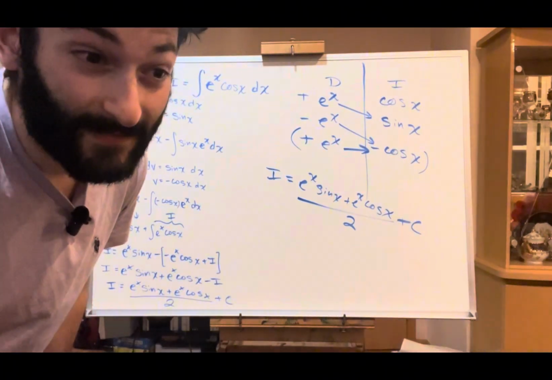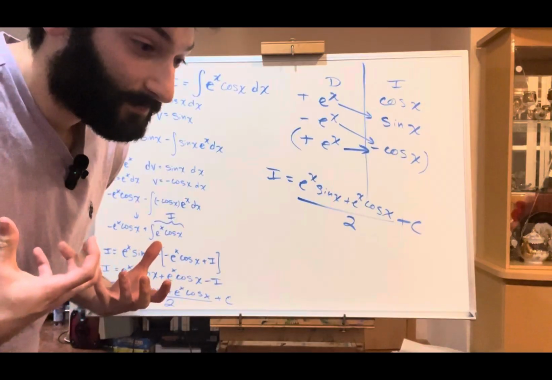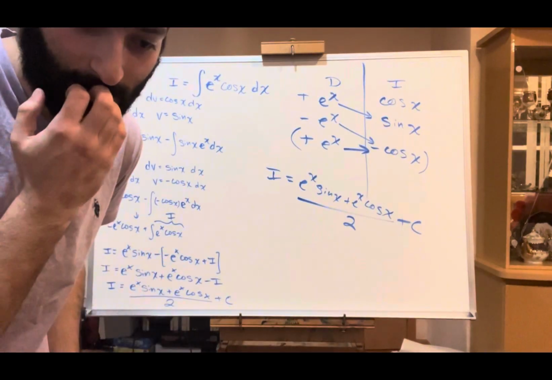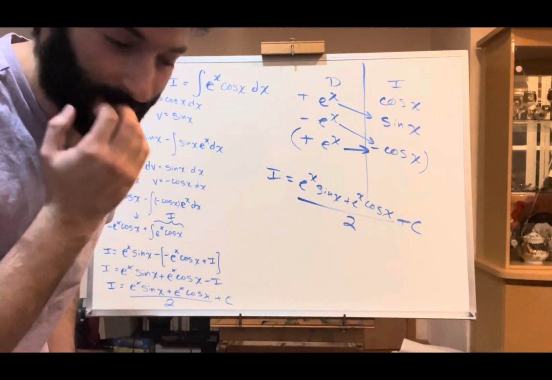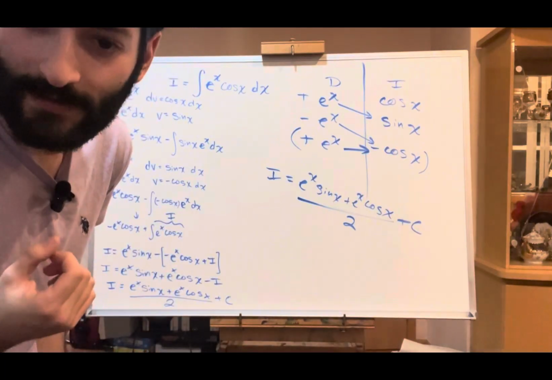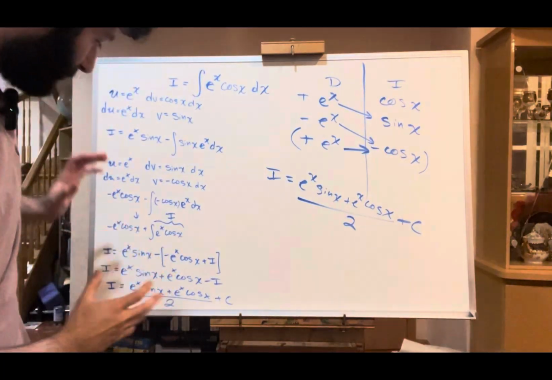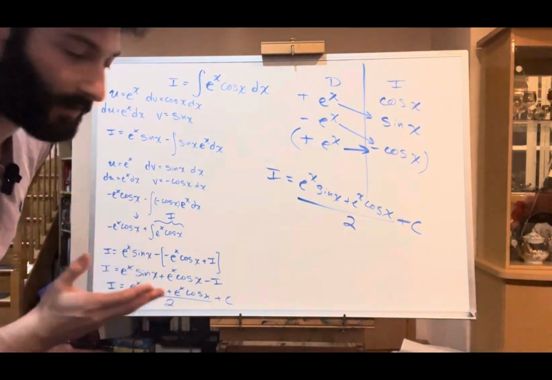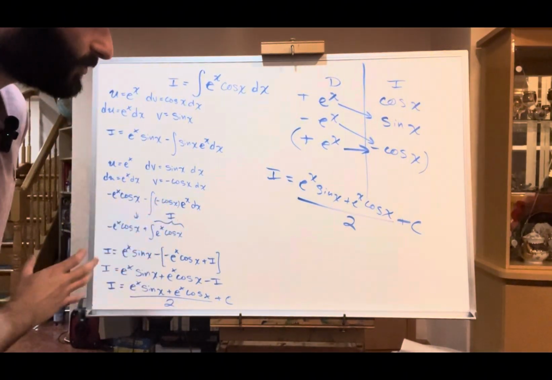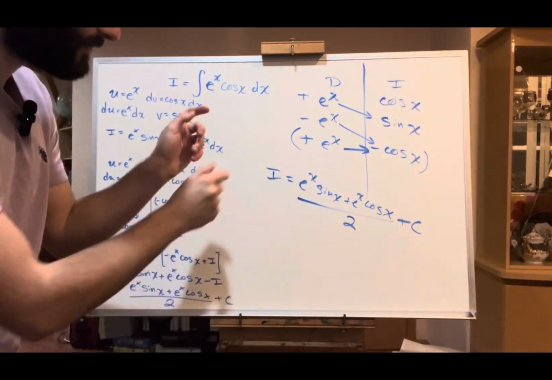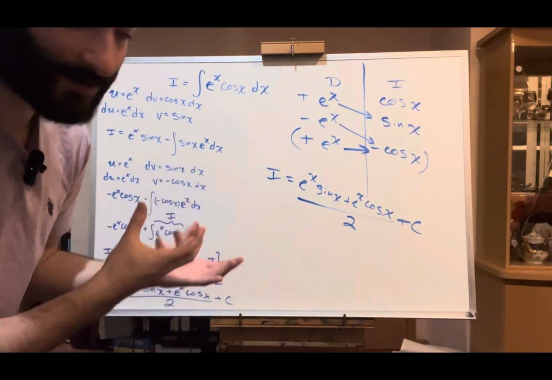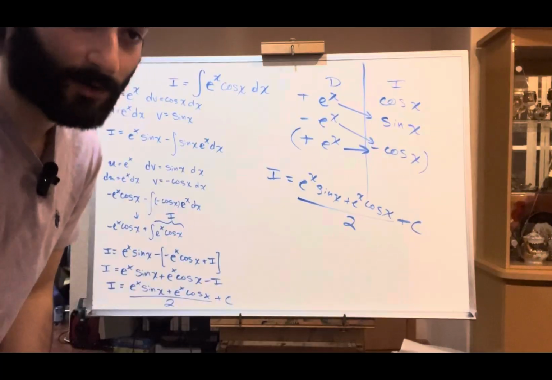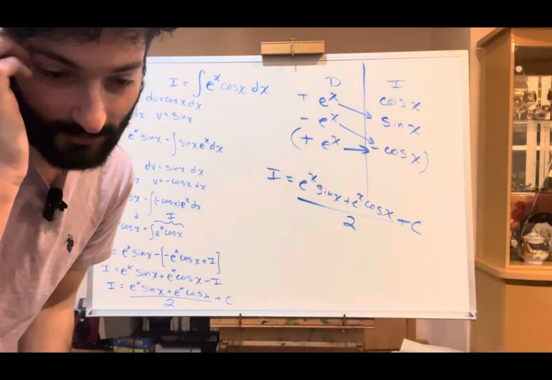So it may seem unintuitive or a bit uneasy when first seeing the DI method, but when you break the problem apart for yourself using natural integration by parts, and then you compare it to the DI method, that way you get the ins and outs of what's happening. Because I know I went pretty quickly, right?